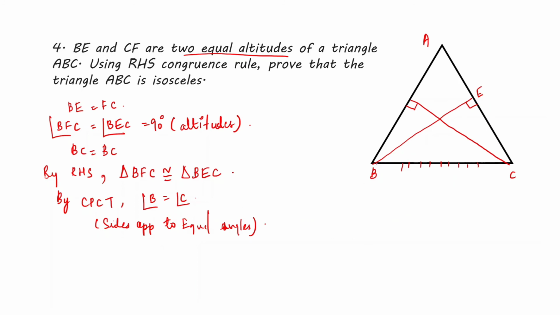Thus, side opposite to angle B, that is side AC, will be equal to side opposite to angle C, that is AB. Hence, AC is equal to AB. Since in triangle ABC, two sides are equal, we could say that triangle ABC is an isosceles triangle. Hence proved.